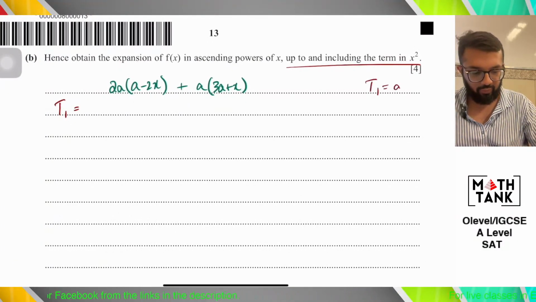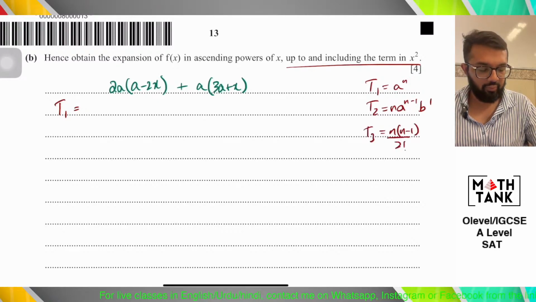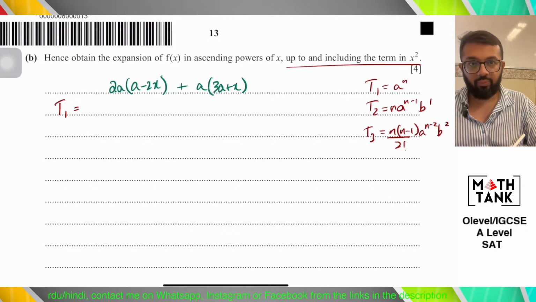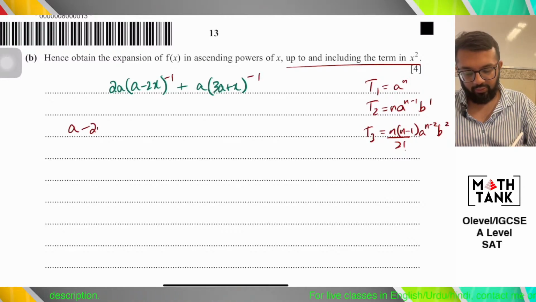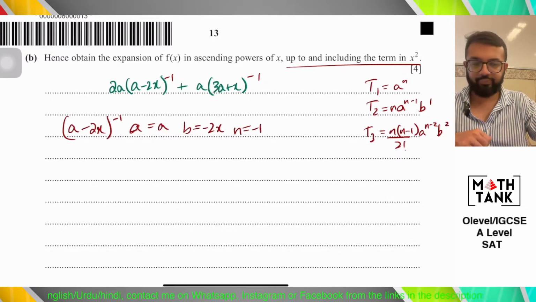I'm just going to write the formula so that you're not confused, and I'm also not confused. Okay, so term number 1 is a power n. I'm just taking the bracket a minus 2x power minus 1, where a is a, b is minus 2x, and n is minus 1.